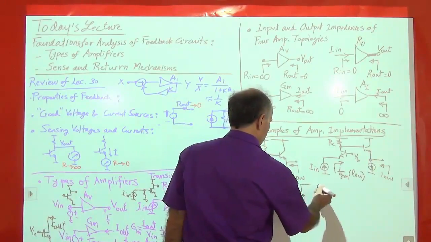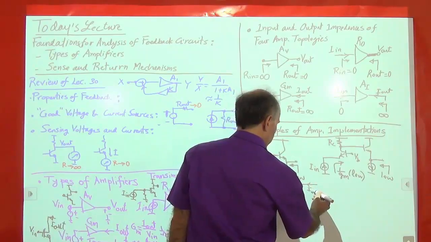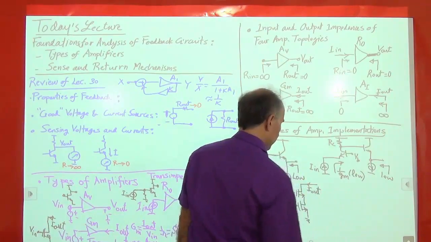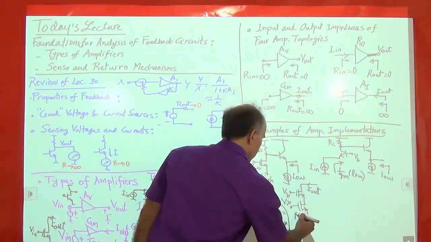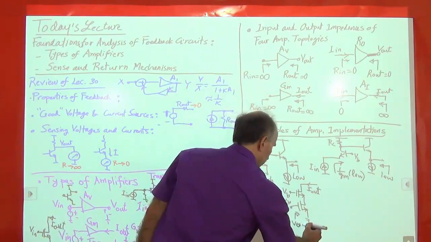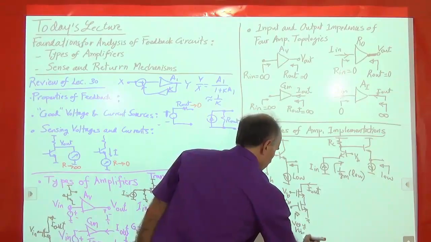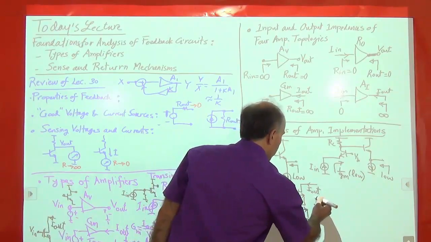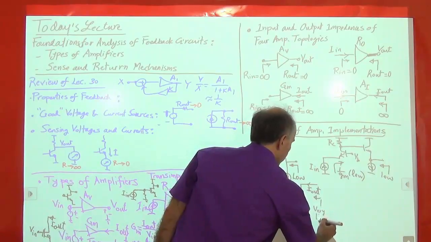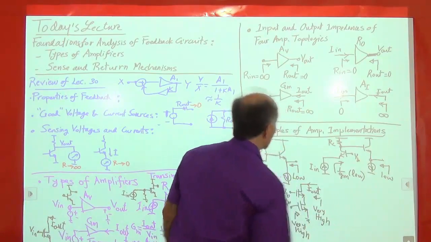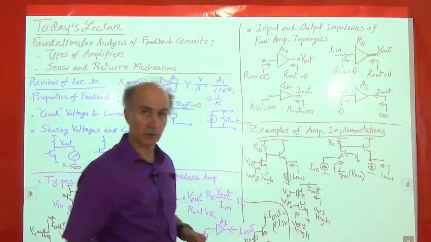VB, and now this becomes a pretty good transconductance amplifier, right? We have a relatively high impedance here, very high. And we also have a high impedance looking out here, very high. So we are approaching this picture.